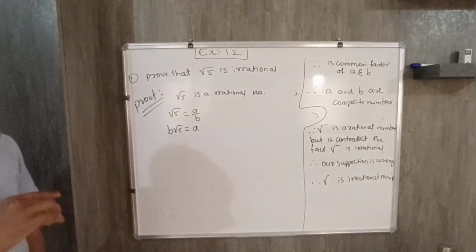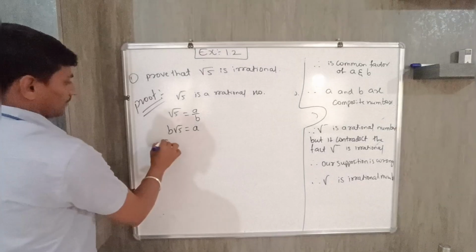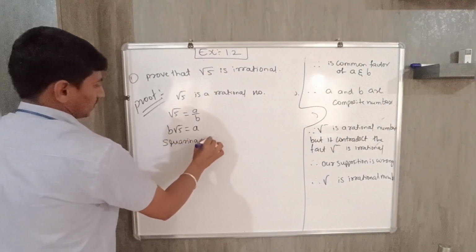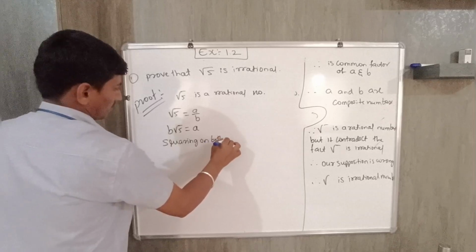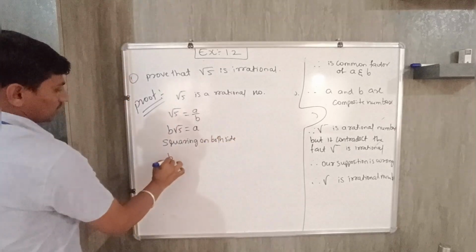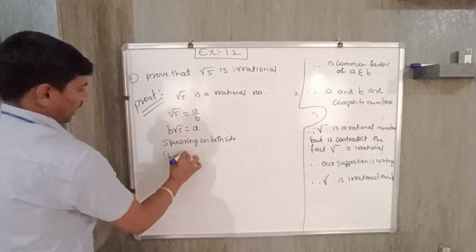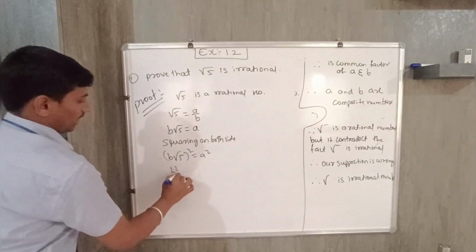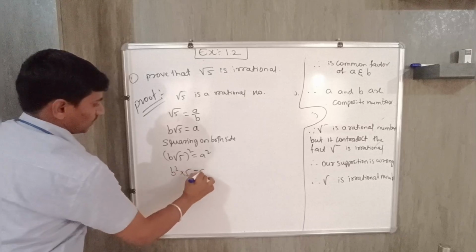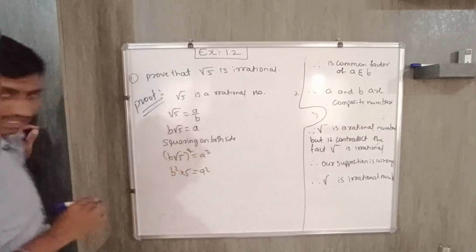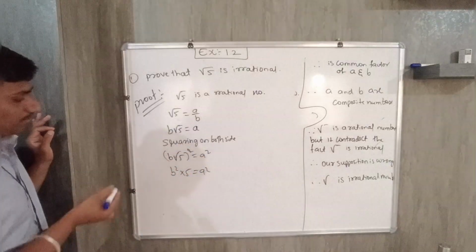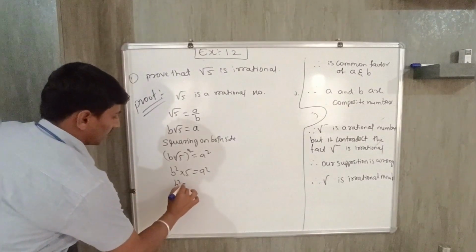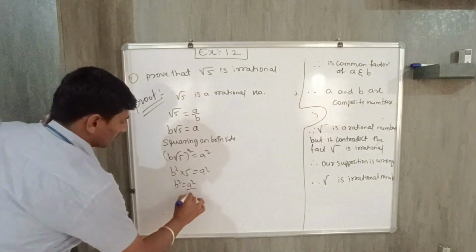Again squaring on both sides. So now b root 5 whole square equal to a square. So now b square into 5 equal to a square. Root square cancel, that is b square into 5 equal to a square. So again b square equal to a square by 5.